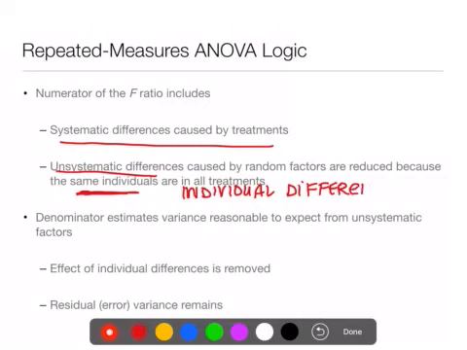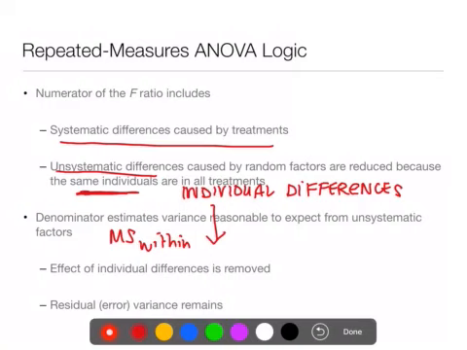The problem is the formulas that we have to calculate the denominator. When we calculate mean squared within, which is what we've been doing in the one-way ANOVA, that gets calculated as if there's individual differences. But the problem is there was never any individual differences.